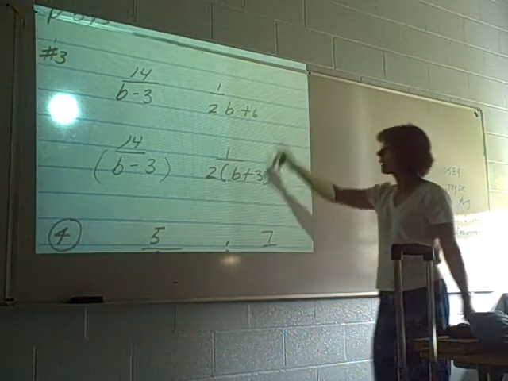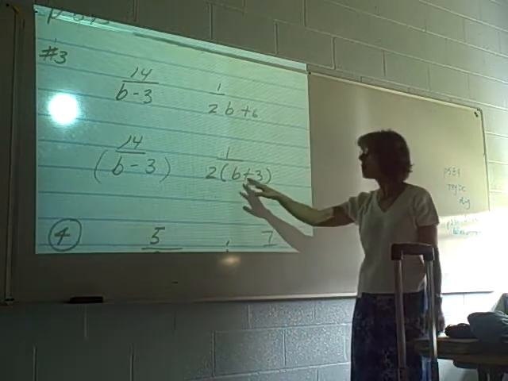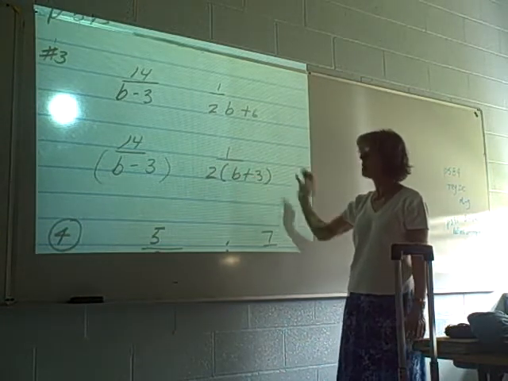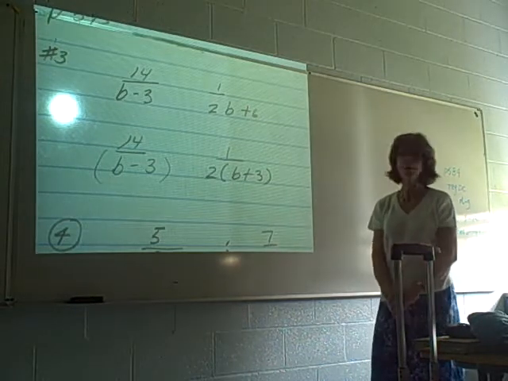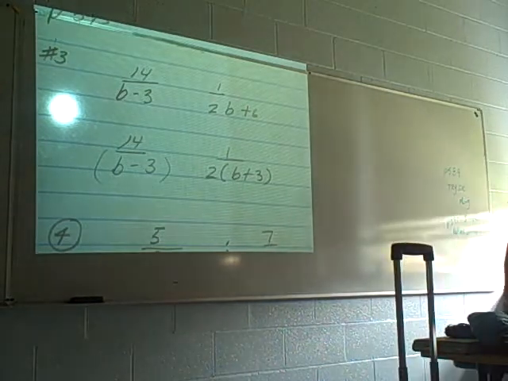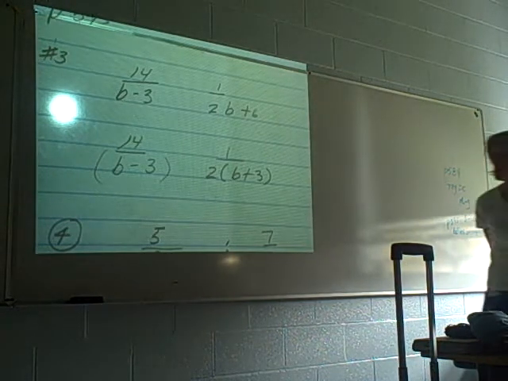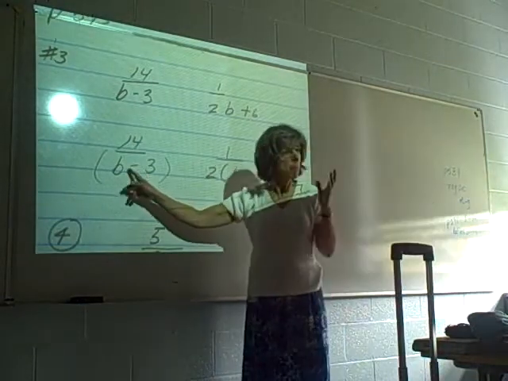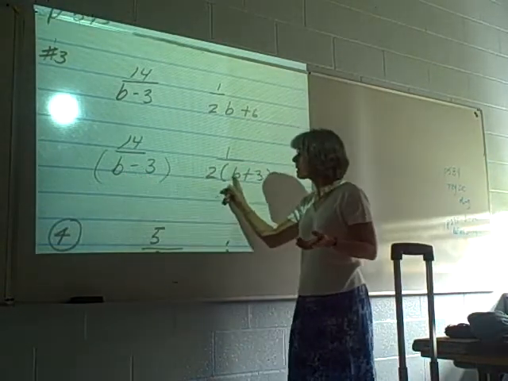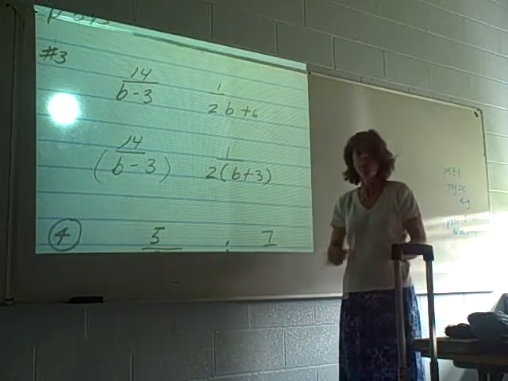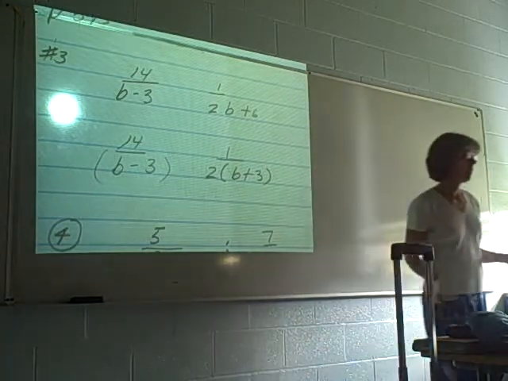In factoring them, I could see that this one is b minus 3, and this has b plus 3. What do they have in common? Nothing. This is some number minus 3, and this is that same number plus 3, so they have nothing in common.